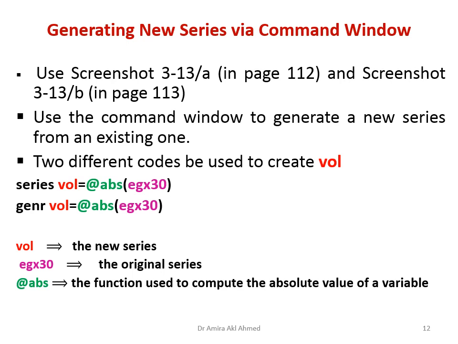In these two formulas or codes, vol is the new variable to be generated, whereas EGX30 is the original variable of interest. Finally, abs is the function used to compute the absolute value of a variable.